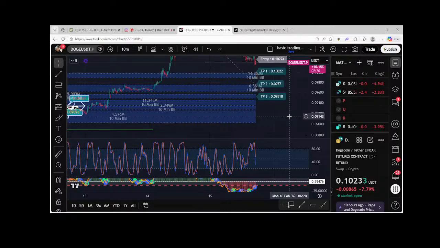Even though there are multiple strategies, one guy might be doing support and resistance, one guy might be doing Fibonacci's, one guy might be doing block orders, but they all tend to end up in the same scenarios, right?